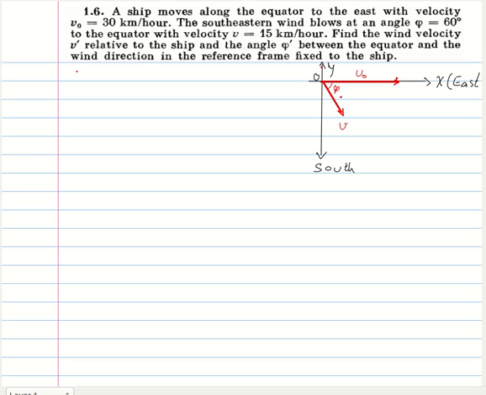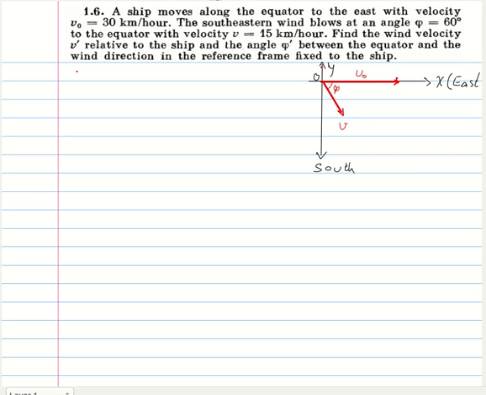All this is measured relative to the fixed point O on the equator. What we are supposed to find out is, if we fix our coordinate system on the ship, that is, suppose you are standing on the ship, then what would be the velocity and the angle of the wind that you will feel while standing on the ship. So this is a straightforward relative velocity question.